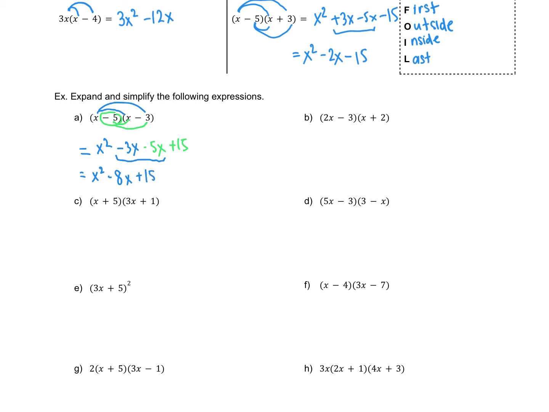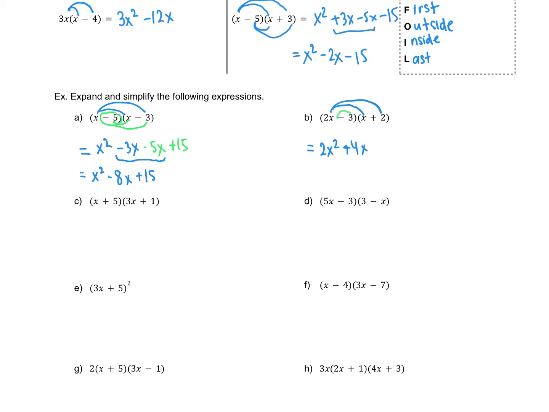Okay, let's try the next one. So I take the 2x and I do a little rainbow. So 2x times x is 2x squared. 2x times 2 is 4x. So remember, when you are multiplying, you multiply the coefficients and then you multiply the variables if you have them.